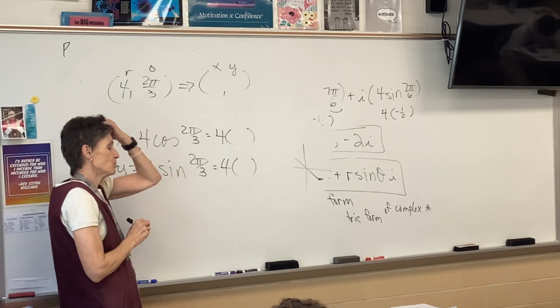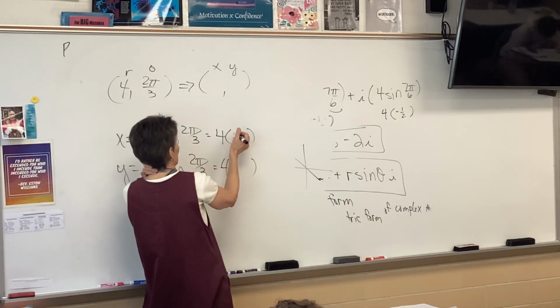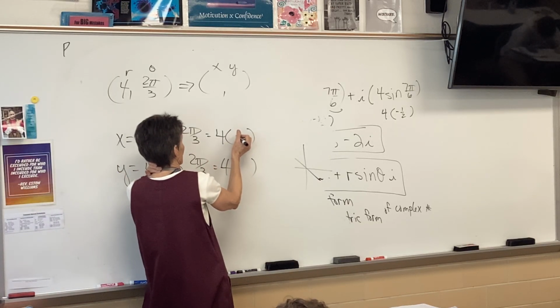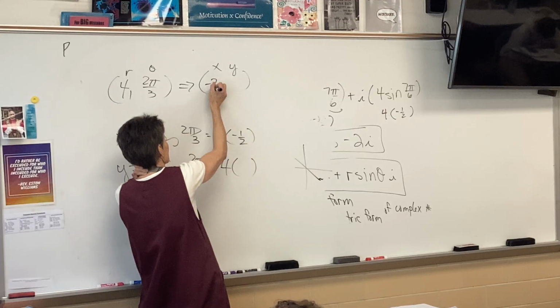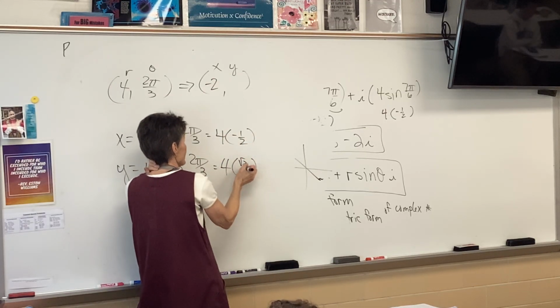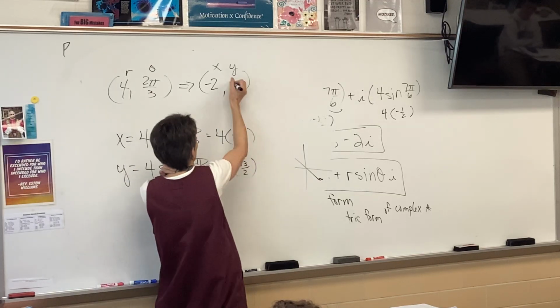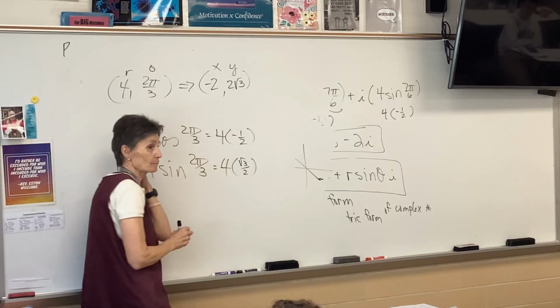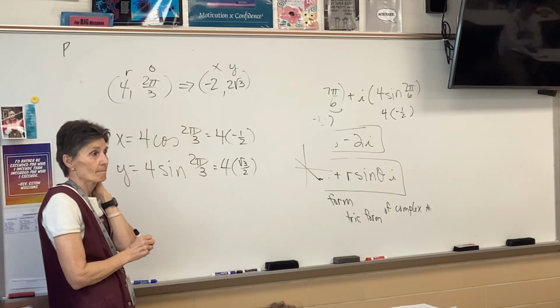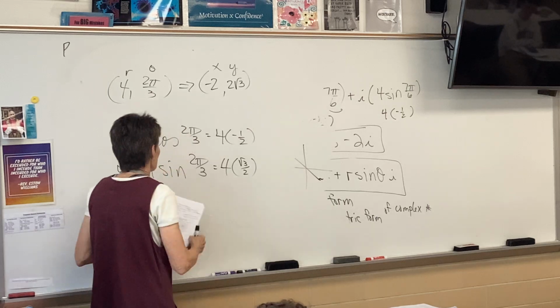So cosine 2 pi over 3 is negative 1/2, so that's negative 2. And the sine is positive root 3 over 2. So that'll be 2 root 3.